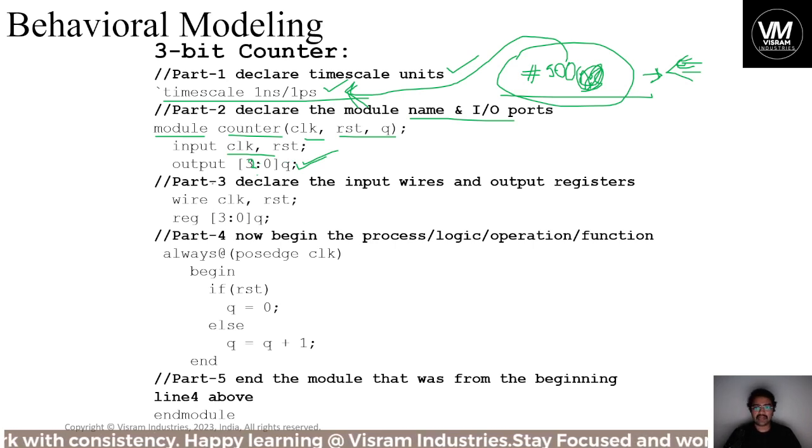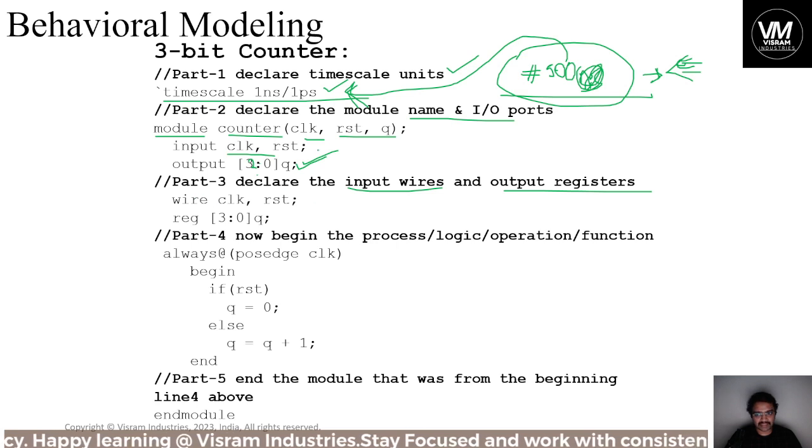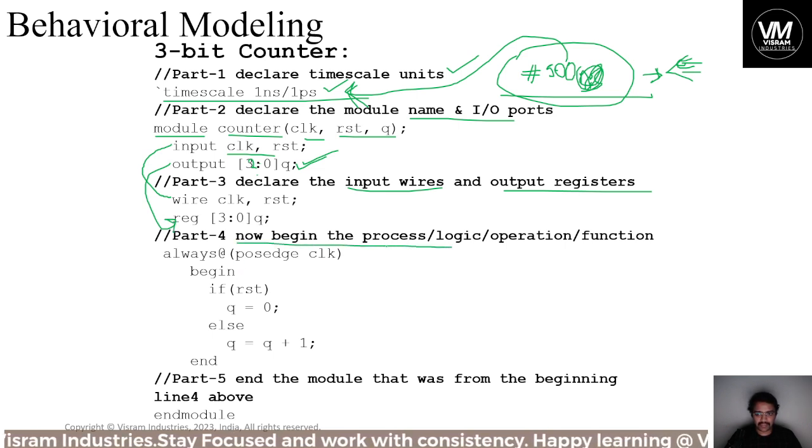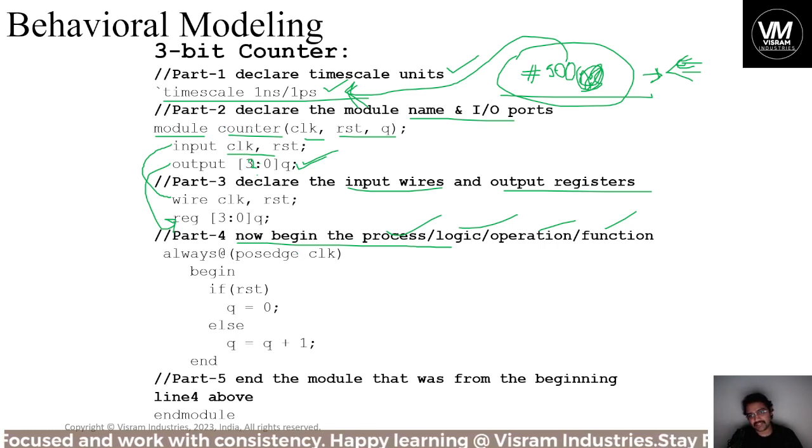And then when we write declarations for input wires and output registers, we need to declare what are the wires and registers. All inputs are wires, all outputs are registers, we have declared. And for the beginning of the process, in part 4, we need to begin the logic, function, operations, whatever we want to do with the module that you have mentioned.